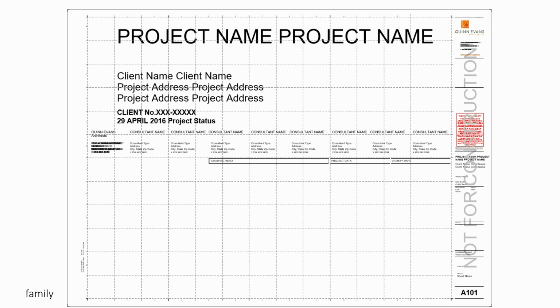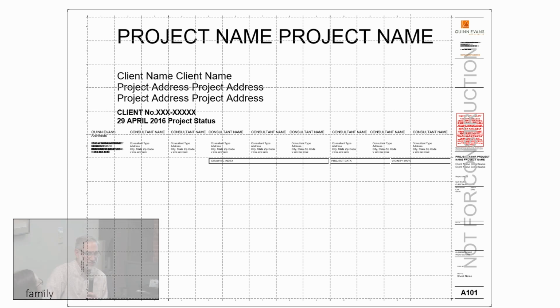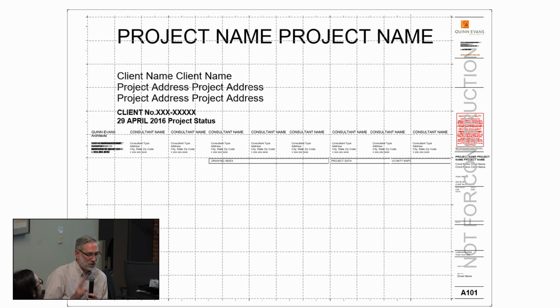At Quinn Evans, this would be our typical sheet title block. And this is the family view of that same file. There's a lot of stuff packed in here, but I want to focus on a couple things. One is the title, or the address portion up in the top right-hand corner.